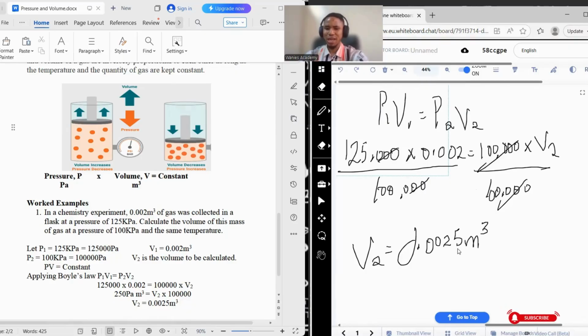That means there is an increase there, which is 0.0005. So that increase shows that the pressure truly decreased. Remember, I told you, when we have an increase in pressure, there will be a decrease in volume. And when we have a decrease in pressure, there will be an increase in volume. So this shows that Boyle's rule is right.